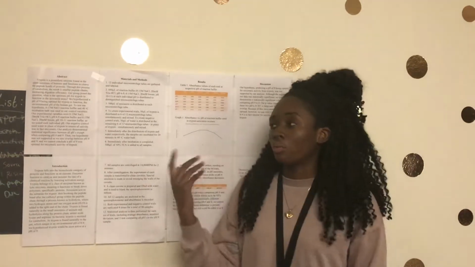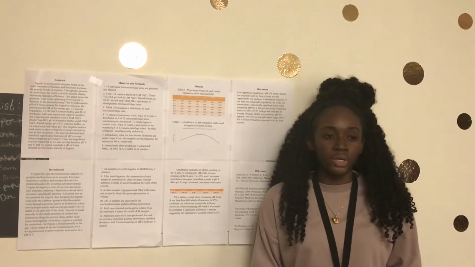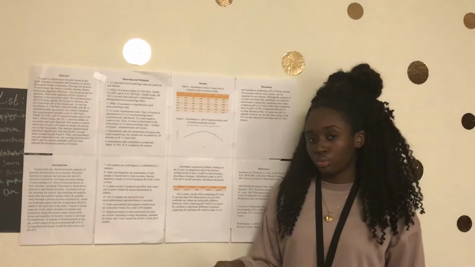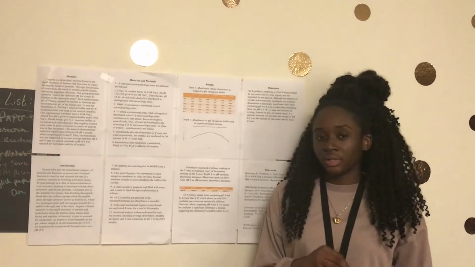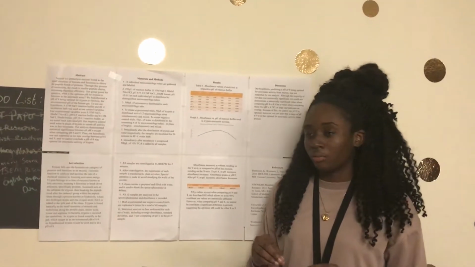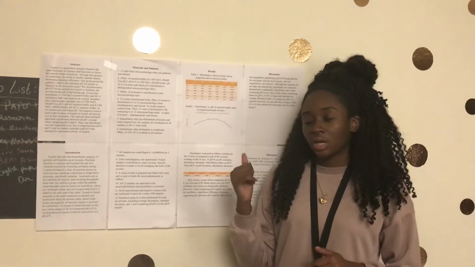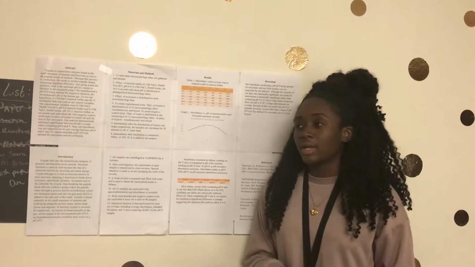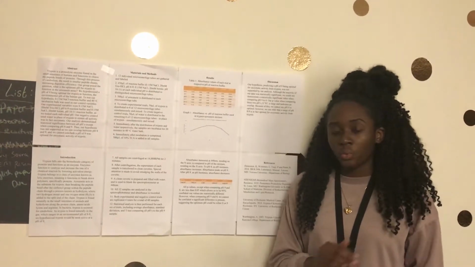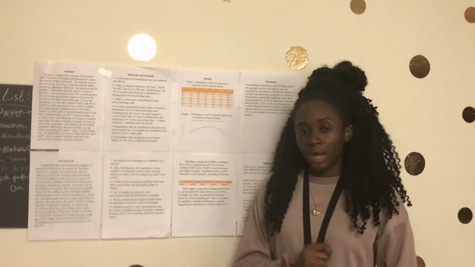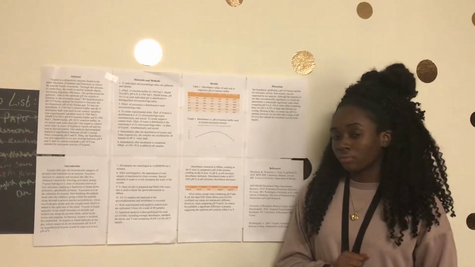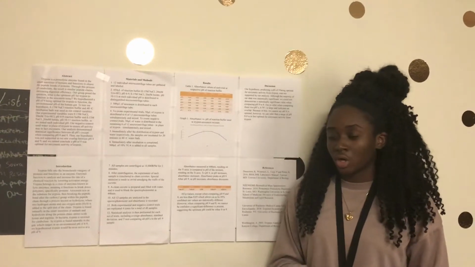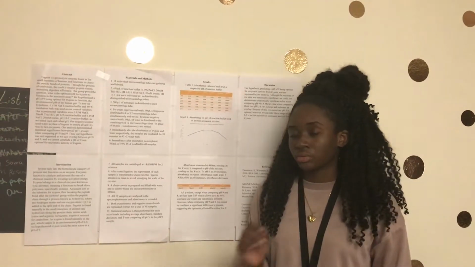First of all, with our materials and methods, we laid down in a rack 12 microcentrifuge tubes, labeling them with their various pH levels, pH 6 to 11. Then we added 450 microliters of 0.15 NaCl reaction buffer to the distinguished pH levels.